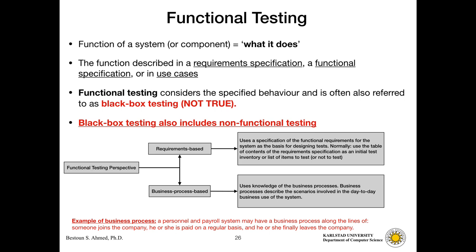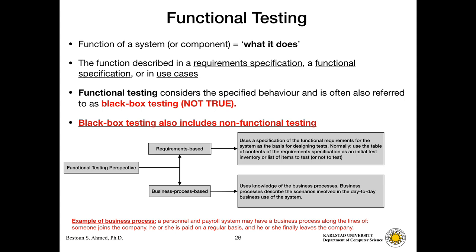So we are passing these limitations for non-functional and functional requirements, non-functional testing and functional testing. For functional testing, for example, you have requirement-based testing and you have business process-based testing. Requirement-based testing is basically depending on the requirement document, and then you elicit the functions that the user wants and requires, and you test these functions based on the functional requirements that you have inside the software specification.